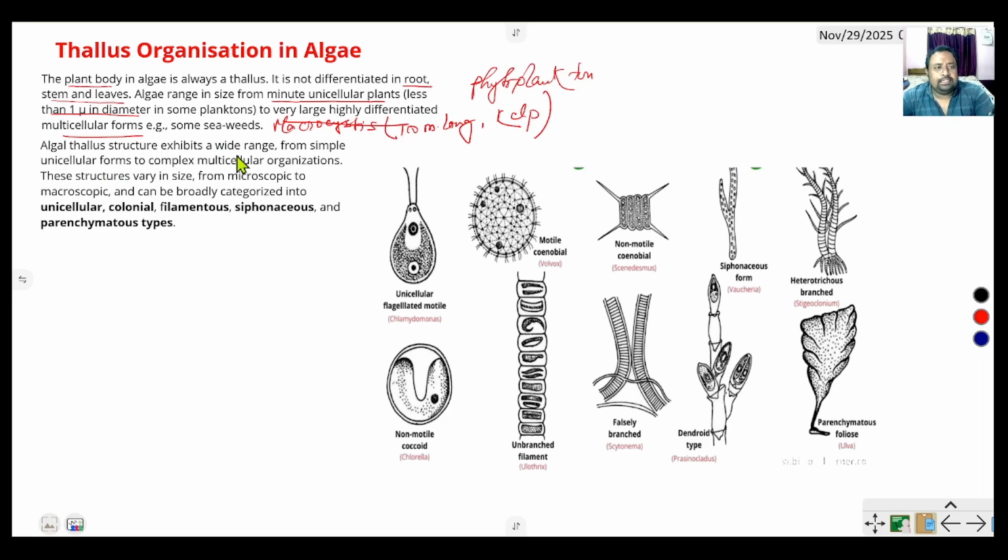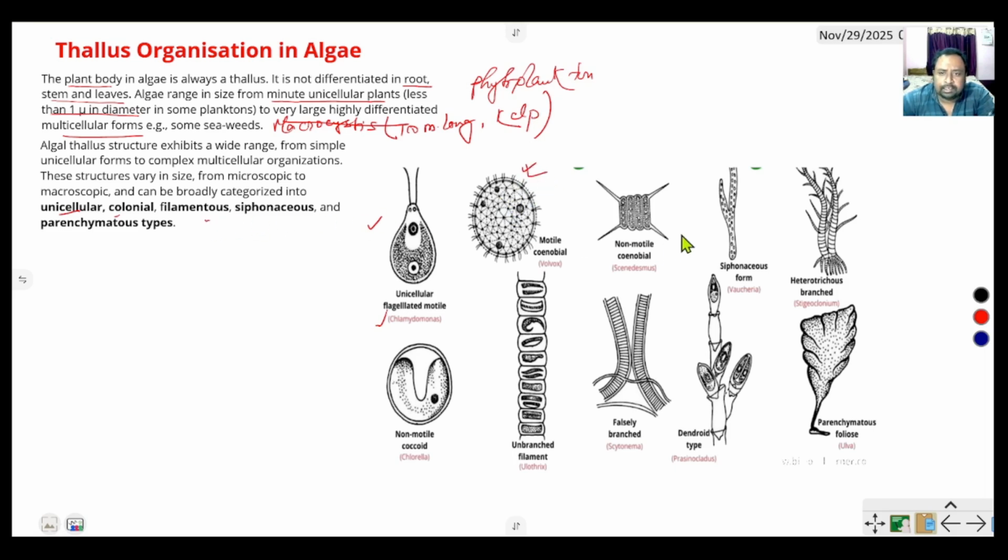Algal thallus structure exhibits a wide range, from simple unicellular forms to complex multicellular organization. The thallus is divided into different types, like unicellular. Unicellular means a single cell. Colonial, when many cells organize and produce the coenobial form.